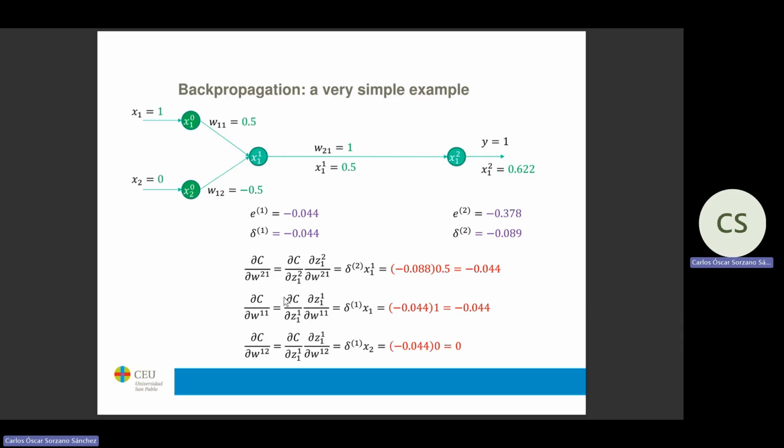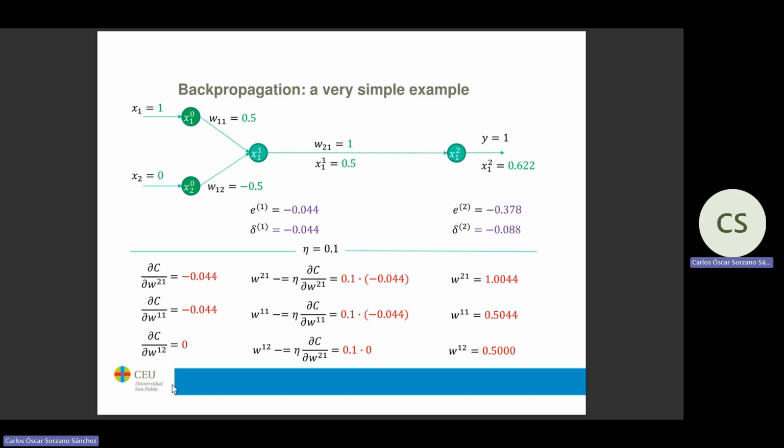And the same for the others. So it is delta 1 times x1 and delta 1 times x2. And then we simply have to substitute what are the values, this x1, x2. So we substitute, we have these ones. Okay, so now we have all the derivatives of the cost with respect to all the weights.